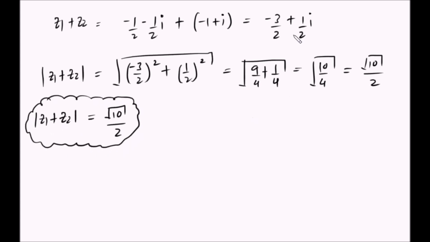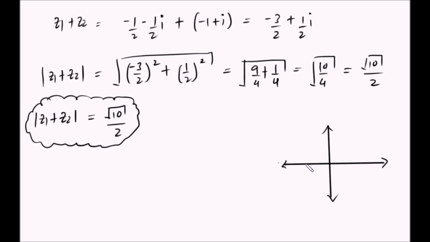As usual, I have to draw this in the Argand diagram. So let's say this is my imaginary axis, and then I have my real axis. So this is the imaginary axis, and this one is the real axis.